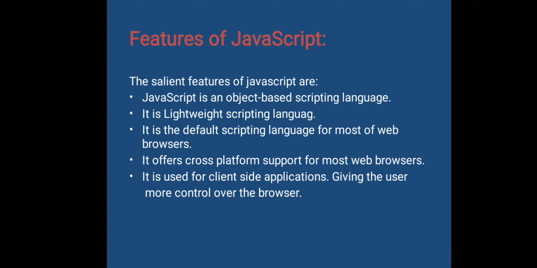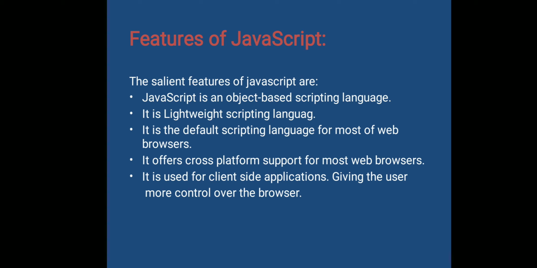So it's an object based scripting language. Next, it's a lightweight scripting language. Lightweight scripting language in the sense it does not require more memory because it has fewer data types. Like the JavaScript has only 3 data types: numbers, strings.